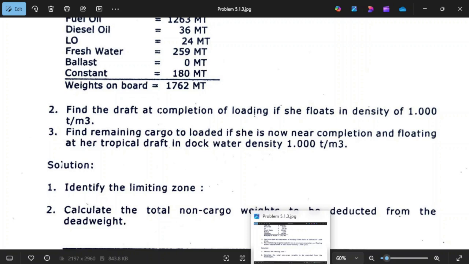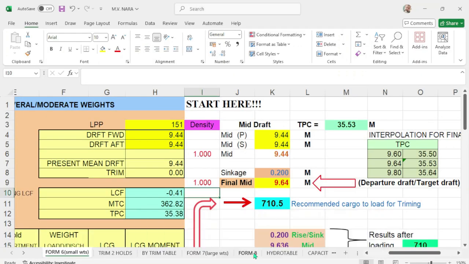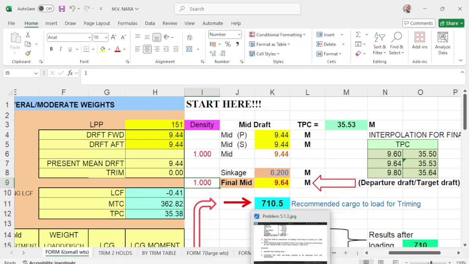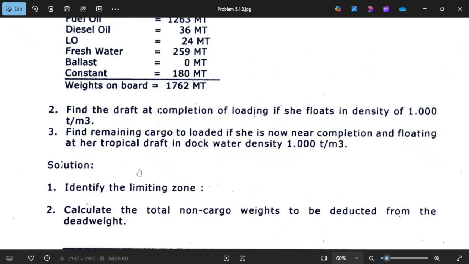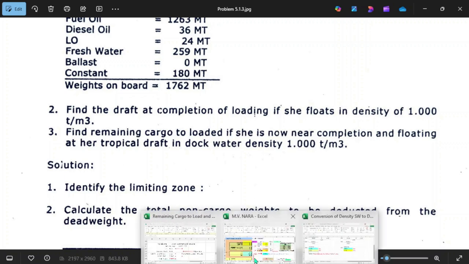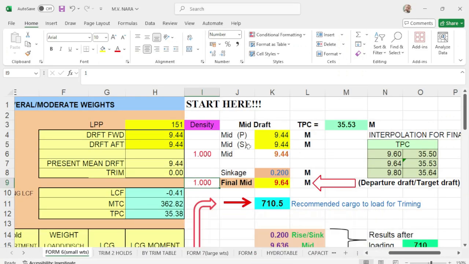So meaning completion of loading, if this is the draft. And find the remaining cargo, now nearing completion and floating at a tropical draft of 1.00, meaning during completion of loading, his density is 1.00.